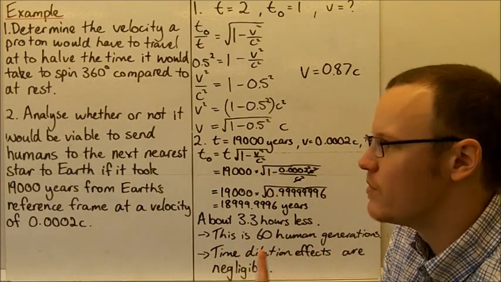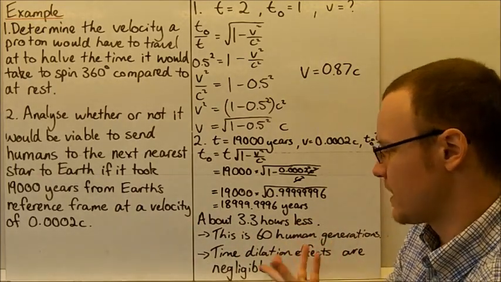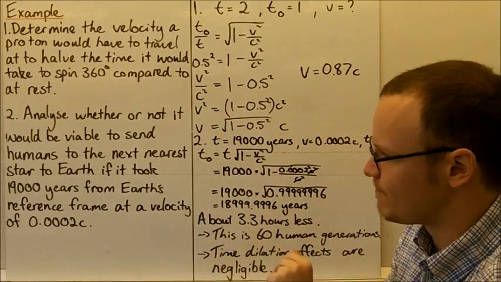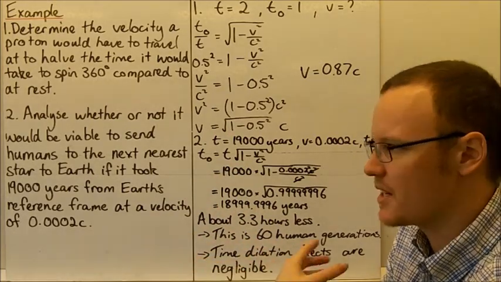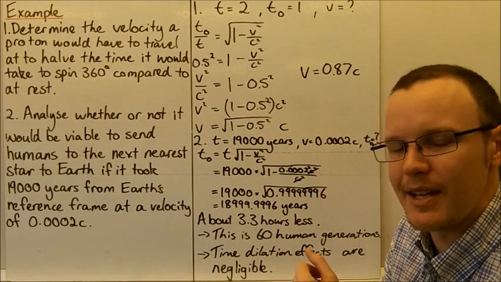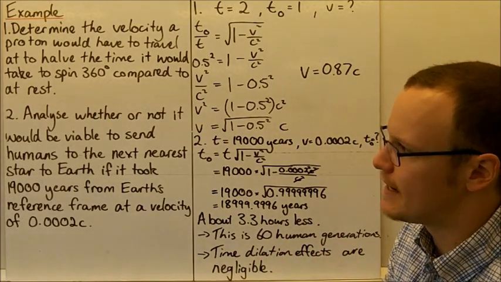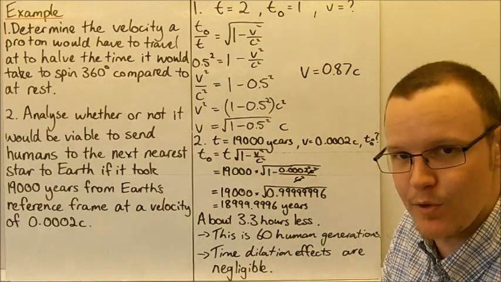If you were to travel at a larger velocity, perhaps there would be fewer generations, and it would be more viable. But as far as travelling at this relatively low velocity and it taking that length of time to reach this star, it is not a viable situation for space travel.